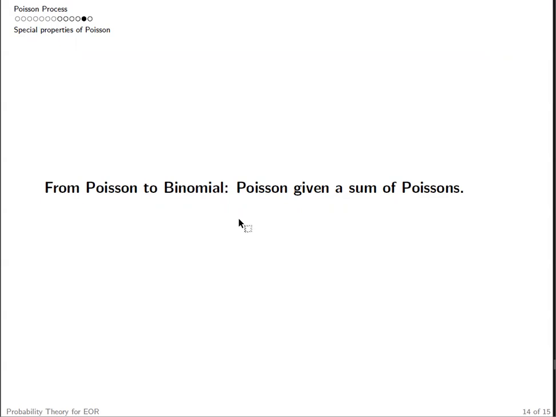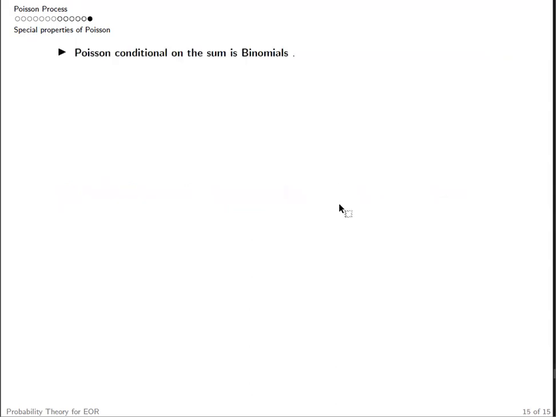We can consider conditioning. If we have two Poisson distributed random variables and they are independent, conditioning on their summation, they're going to follow a binomial distribution.